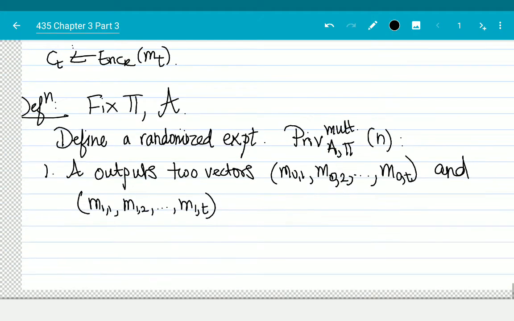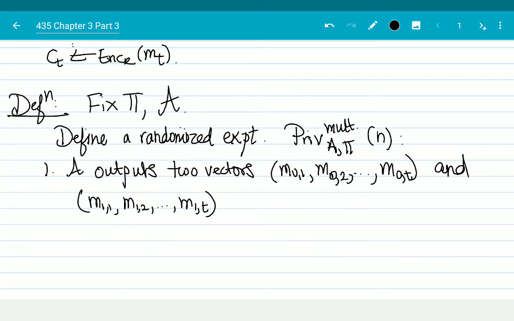Okay, so they're all messages. Now we are not saying that every single message should have the same length, but at least this much should be true: the length of the message m0i should be the same as the message length m1i for every i.